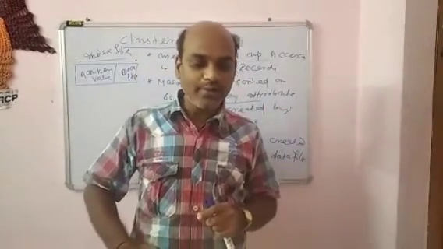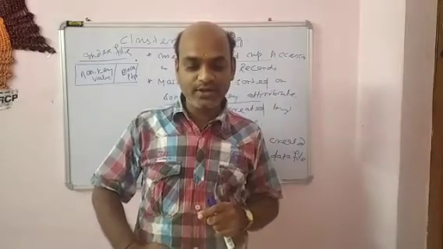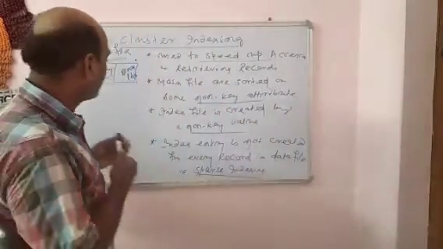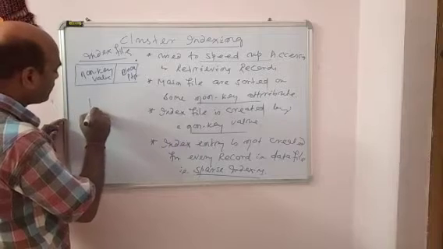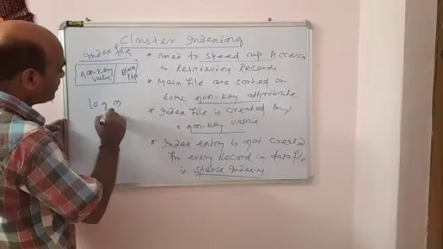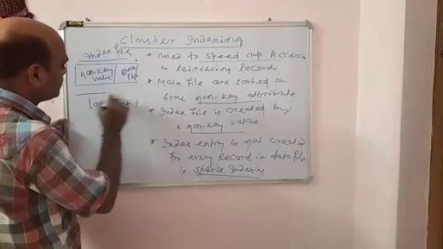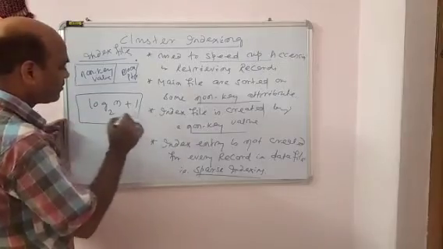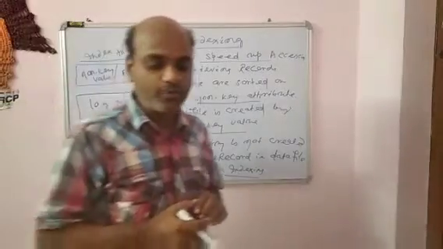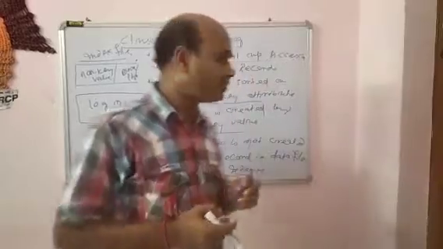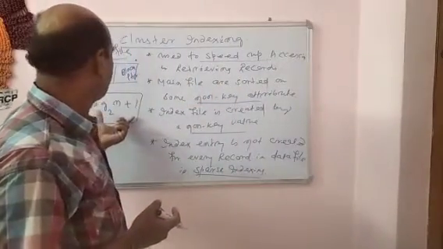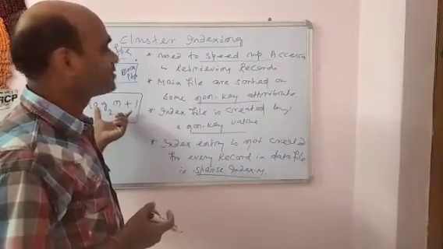Okay, so the average number of block accesses required is log n base 2 plus 1. This is the average number of blocks required in the cluster indexing mechanism.